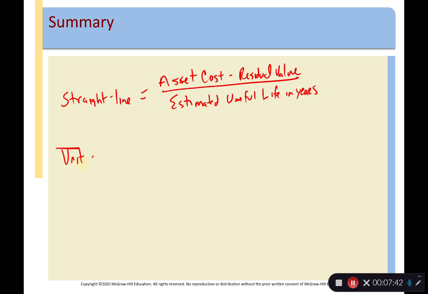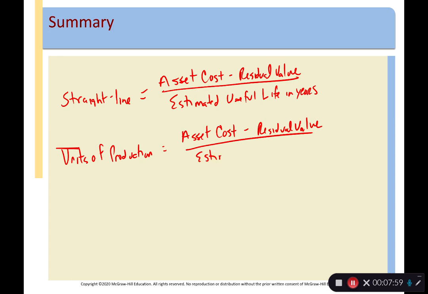With units of production, it's going to be the asset cost minus the residual value over the estimated useful life in units, times the actual units used.